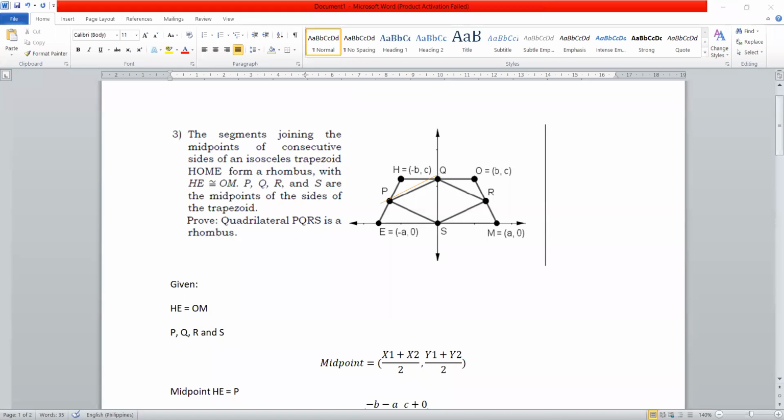So PQ should be equal to QR, should be equal to RS, should be equal to PS.